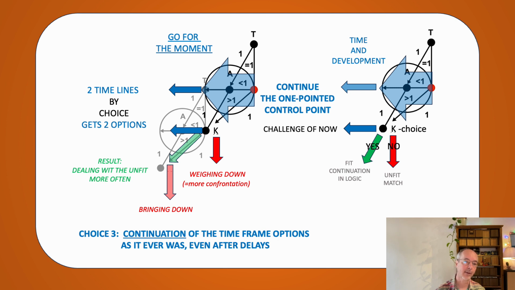What will also be visible is that the things that will weigh down will be in another time, in the next moment they will come back. So what will weigh down will be like a confrontation. There will be a confrontation that will be brought in time. So when I have my focus on time, the results with the unfit will be very direct.